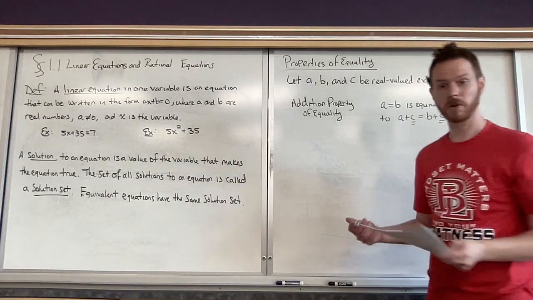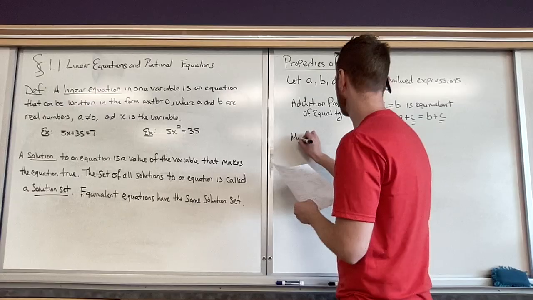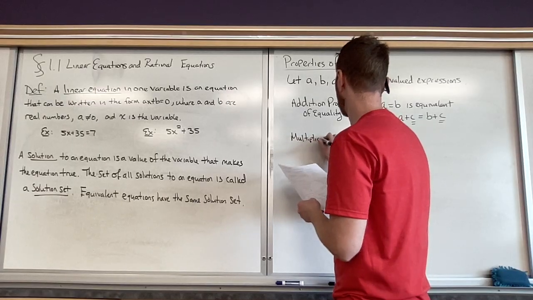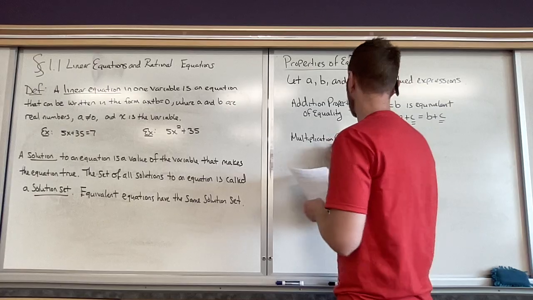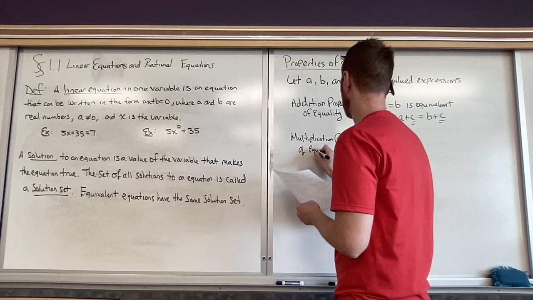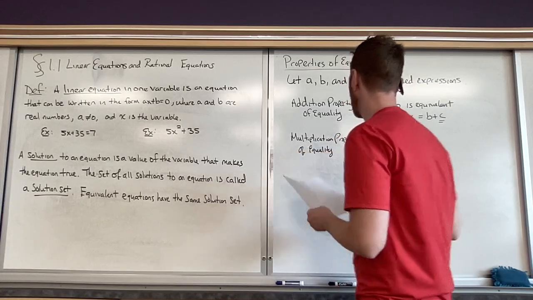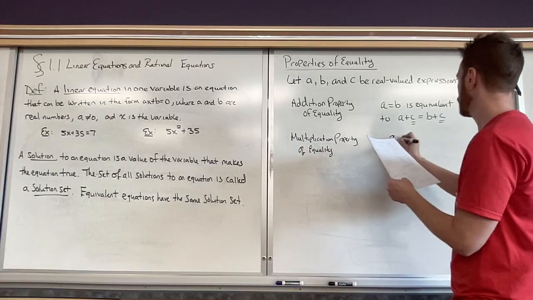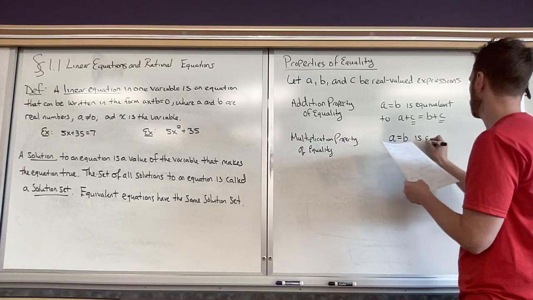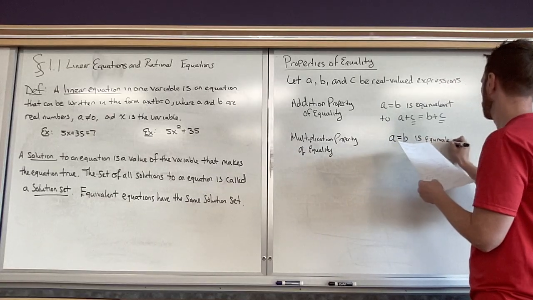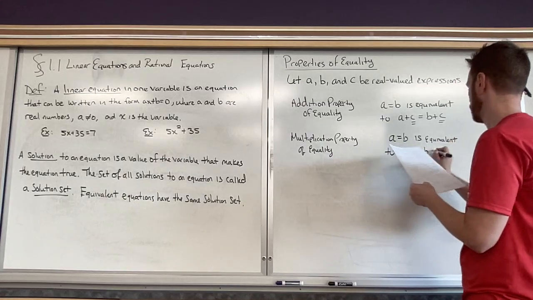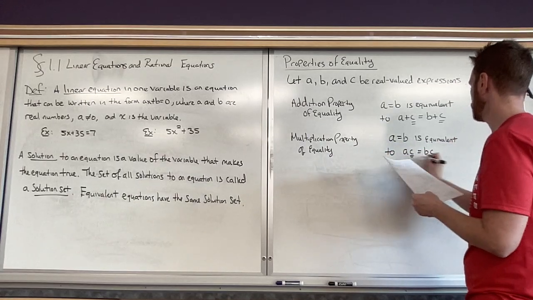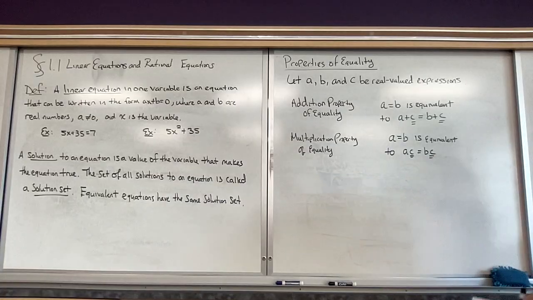And now with addition, we also have the multiplication property of equality, kind of the same gist of it, just with multiplication. A equals B is equivalent to AC equals BC.